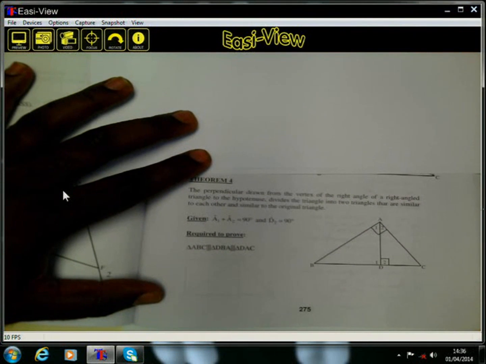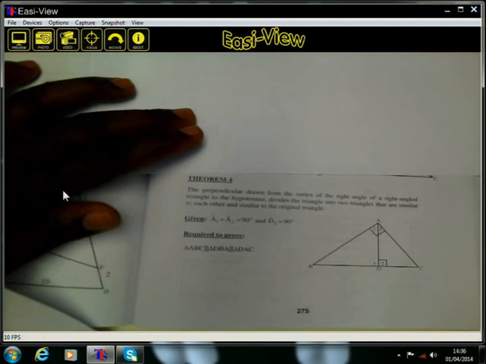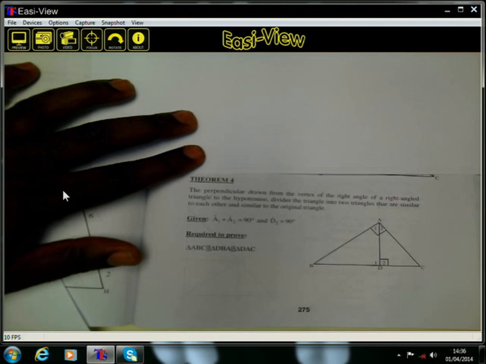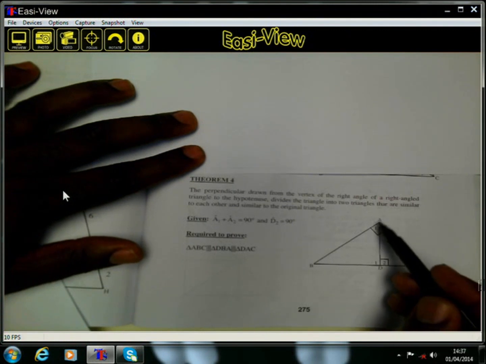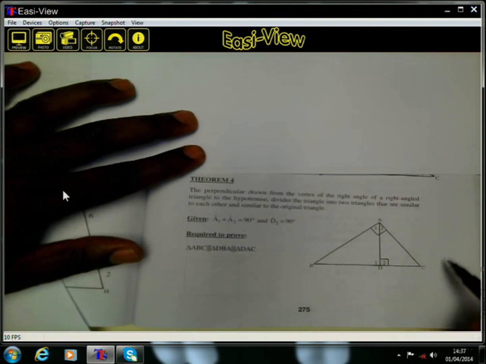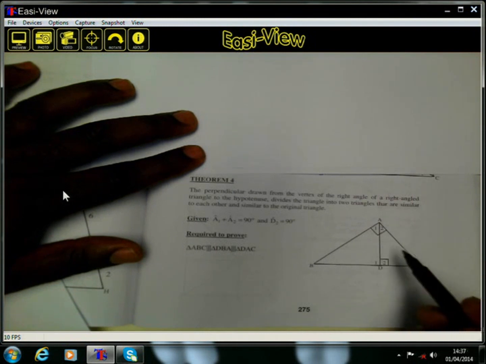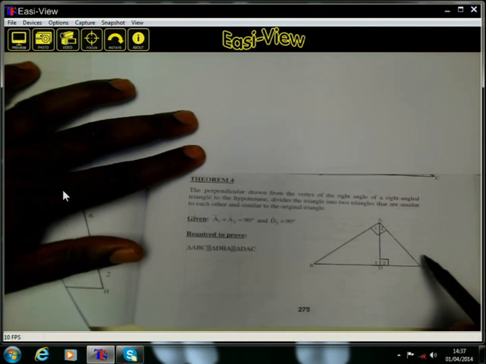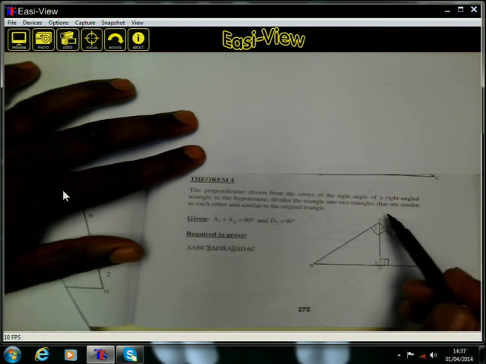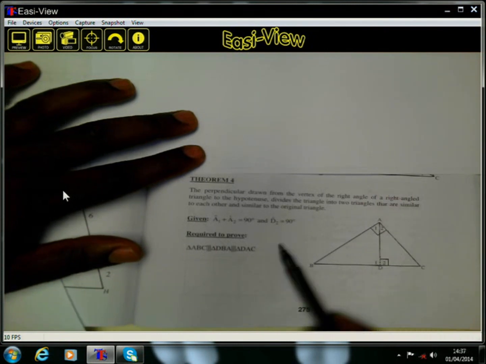I'm saying what we are requested to prove. Our proof will lie in triangle ABC. That's the biggest triangle, because remember I've said we have two triangles, ABC and triangle DBA: the bigger triangle and this triangle.